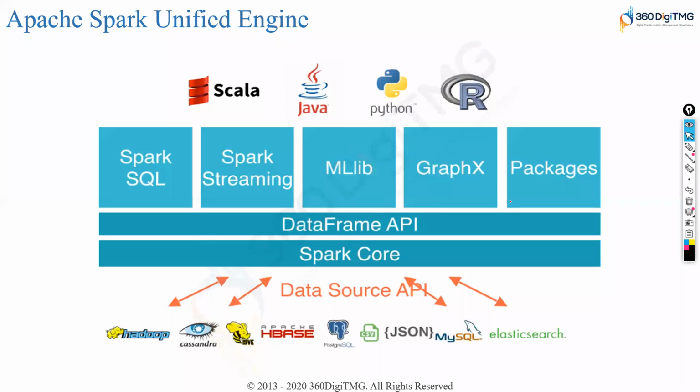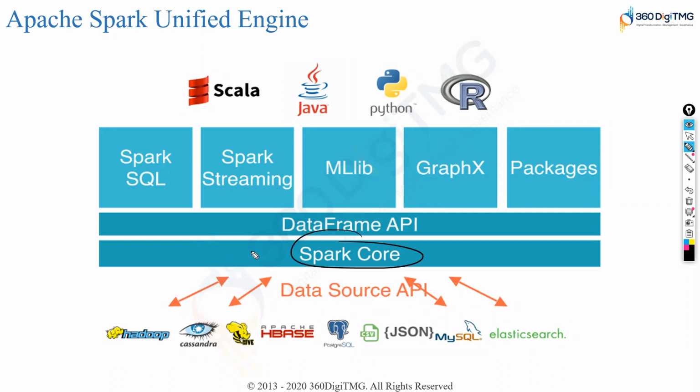Now this is the unified tech stack engine of Spark. We call it a unified engine. It's a combination of multiple things. The first and foremost layer that you need to see is the Spark core. Right? We are saying for Spark, this is the core.